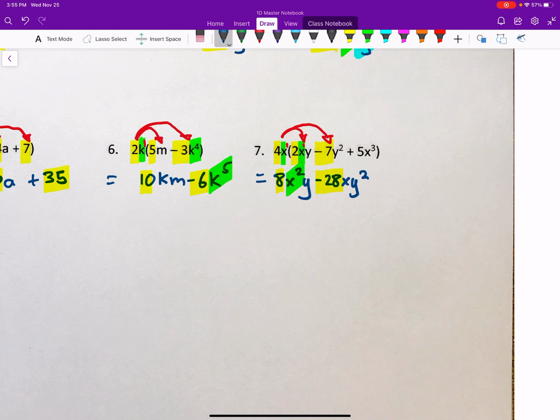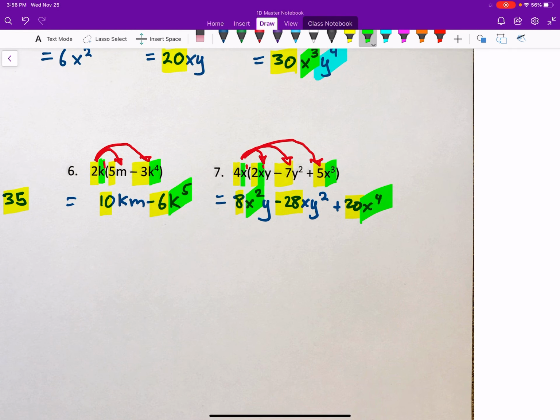I just write them down side by side, and so then I'm done with that one. Then I go to the next one, and I'm going to multiply 4 times 5, and I get 20. And I'm going to multiply x times x cubed. And again, I'm going to add the exponents, so I'm going to get x to the 4. And there I'm done.